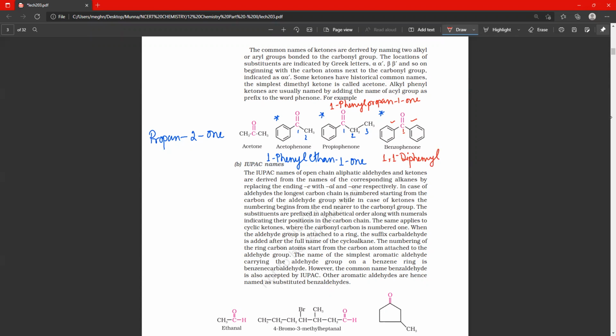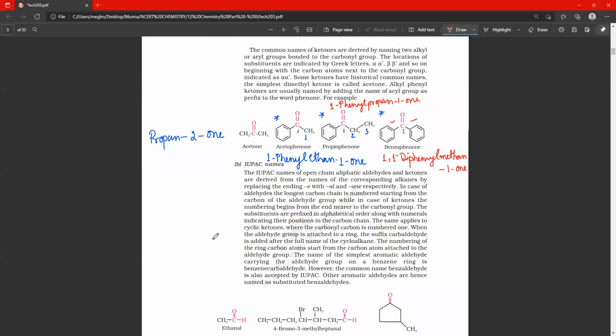Diphenyl. There is only one carbon, that's why methane 1-one. Okay, 1, 1-diphenyl methane 1-one. All are written, everyone?